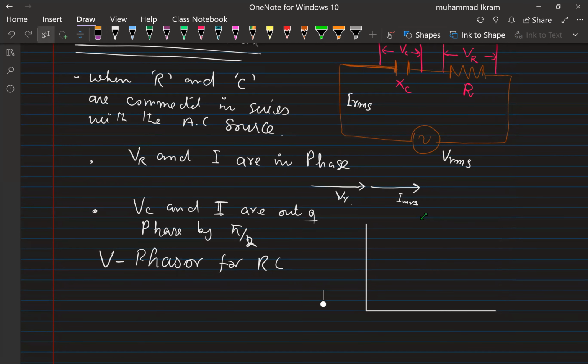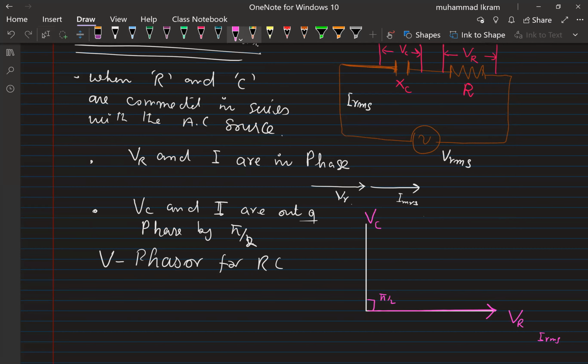Now look, as I told, this is the X axis and this is the Y axis. If you remember, I told you that this is our VR, the potential difference, and VR and IRMS are in phase, but the VC is out of phase with IRMS by 90 degrees, by pi by 2.